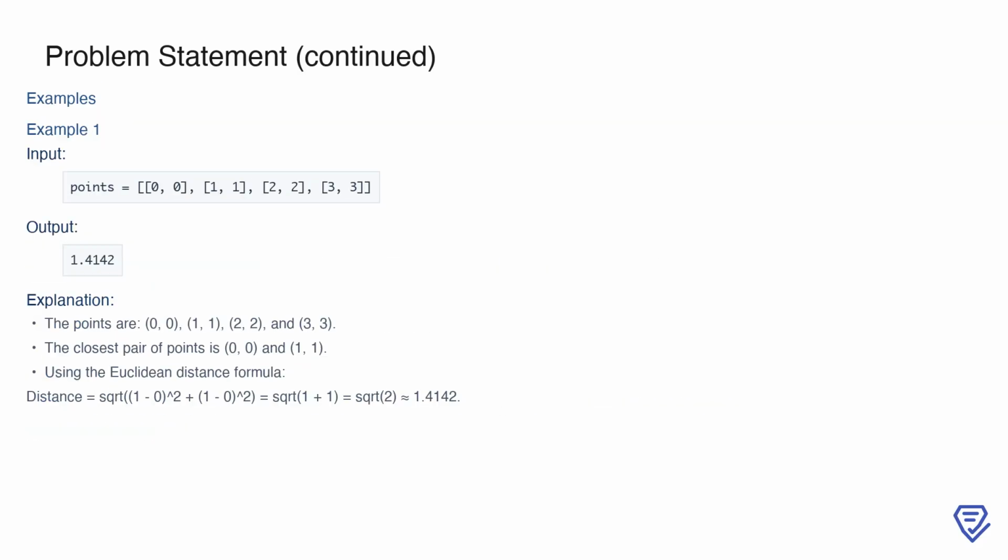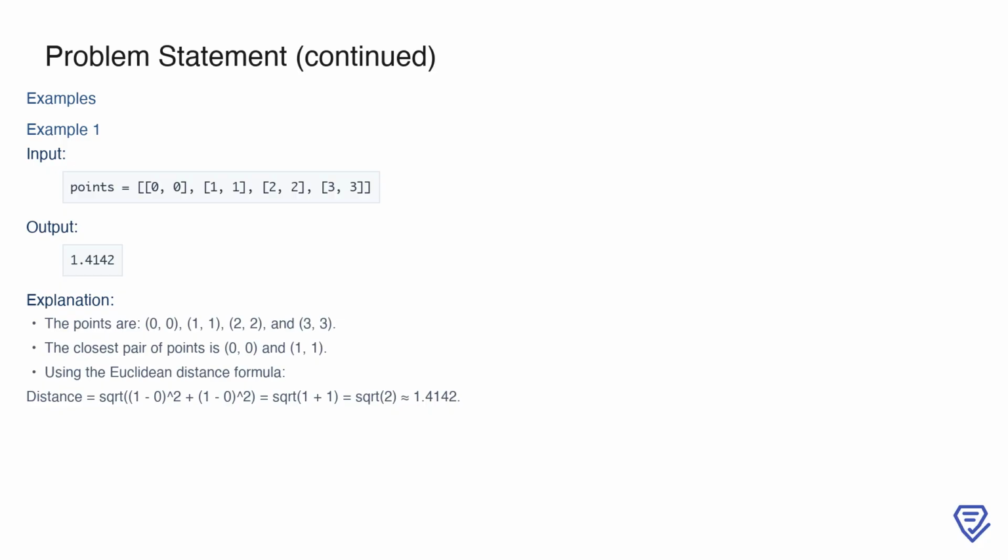In our first example, the input is a list of points (0, 0), (1, 1), (2, 2), and (3, 3). The task is to find the shortest distance between any two of these points. Among all possible pairs, the closest pair is (0, 0) and (1, 1). Using the Euclidean distance formula, we calculate the distance as the square root of the sum of the squared differences between their x and y coordinates.